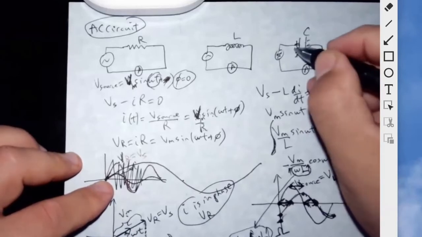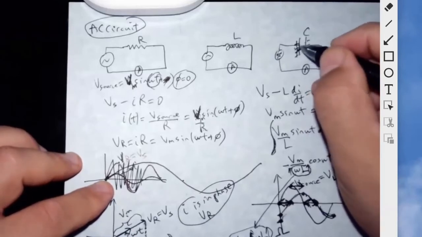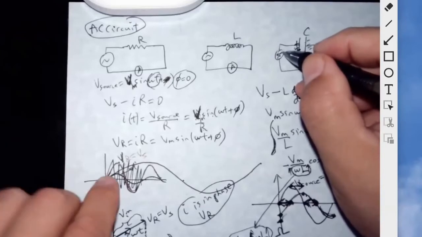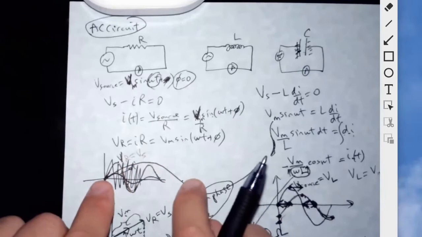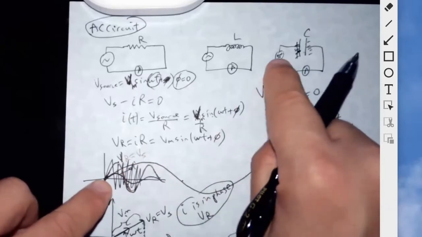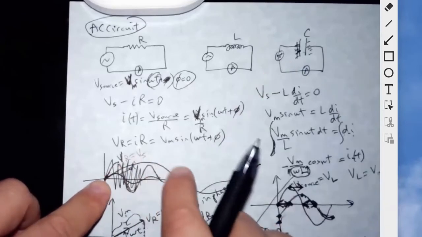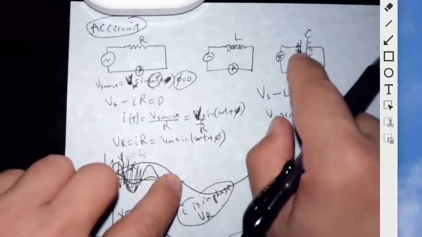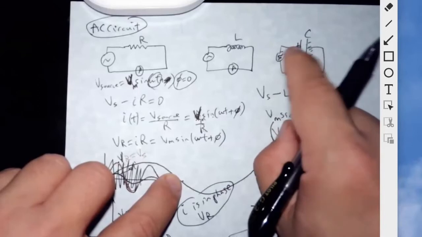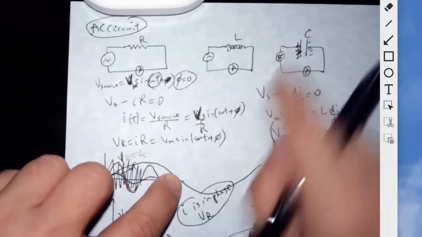And then when it gets charged, what does it do? It starts to fight against the current, you see? So look how long it takes for the battery voltage to stay positive. Then it starts going negative, which means it starts discharging the capacitor, you see?